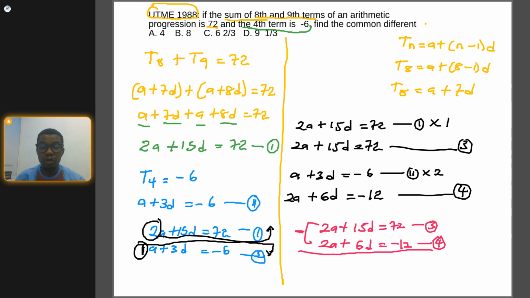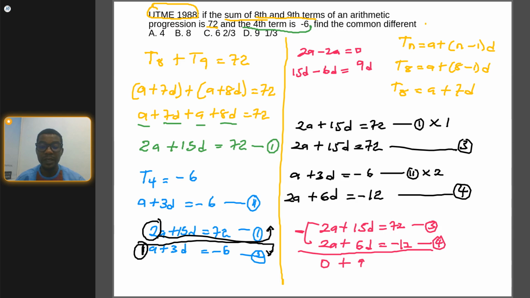That is 2a minus 2a, which is 0. Plus the next one, 15d minus 6d, that is 9d.